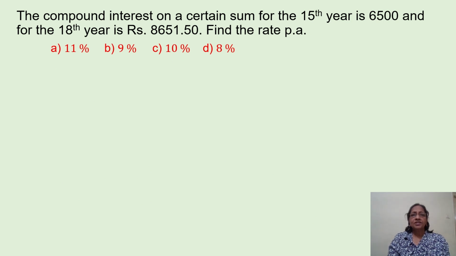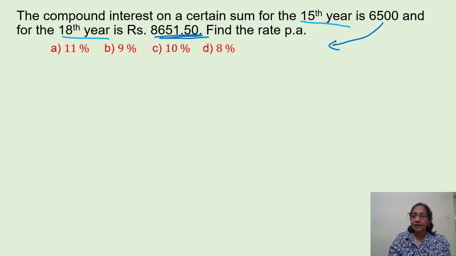The compound interest on a certain sum for the 15th year is 6,500 and for the 18th year is 8,651.5. Find the rate percent. Now, even if you are given 15th year and 18th year, what this means is that the 6,500 has become this amount in 3 years.